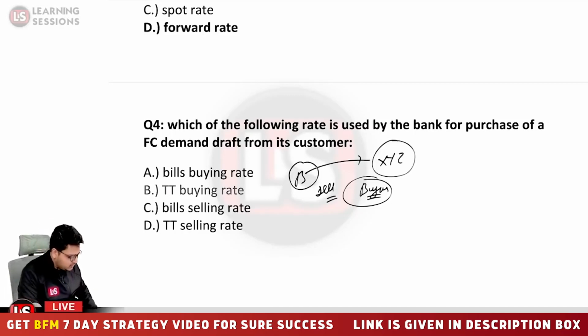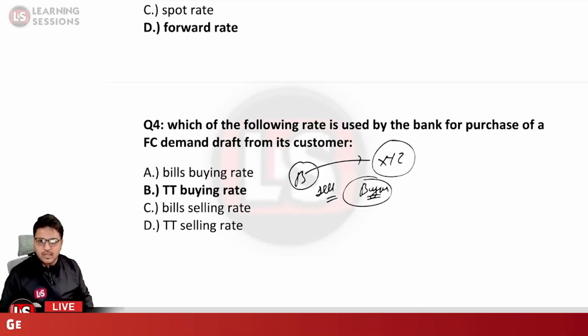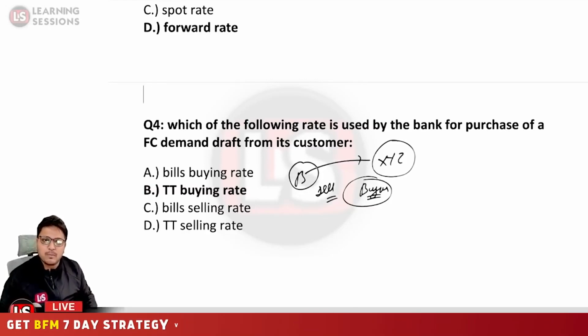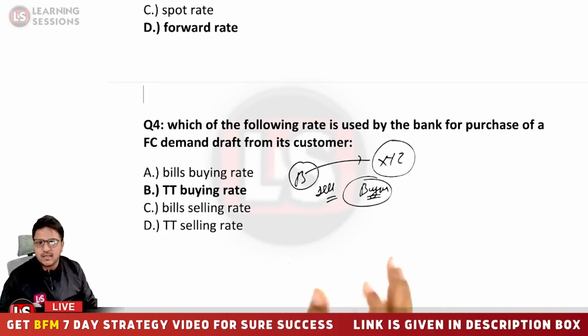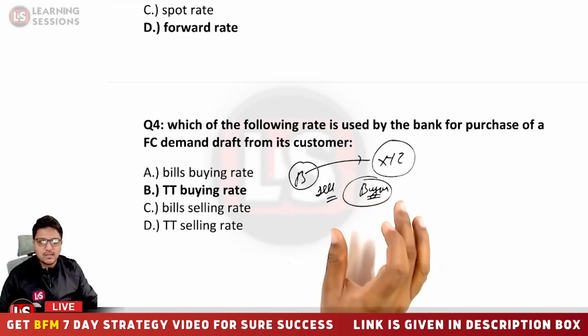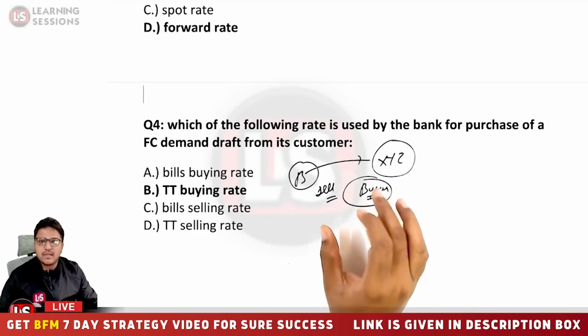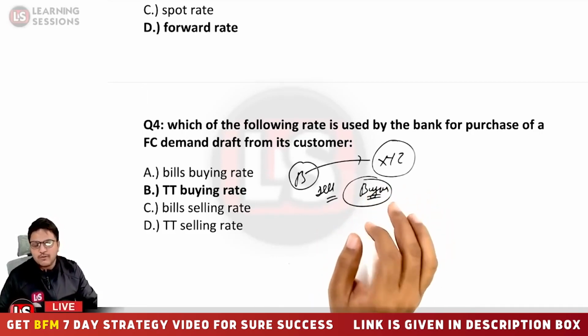Let me clarify this again: whenever rates are to be considered, you need to look into two factors. First, when the settlement is going to happen, and what rate shall be quoted from the bank's point of view. If you are certain of these two, you can definitely answer correctly. If the customer visits your branch and wants to sell the demand draft to you, he wants to sell the foreign currency to you.